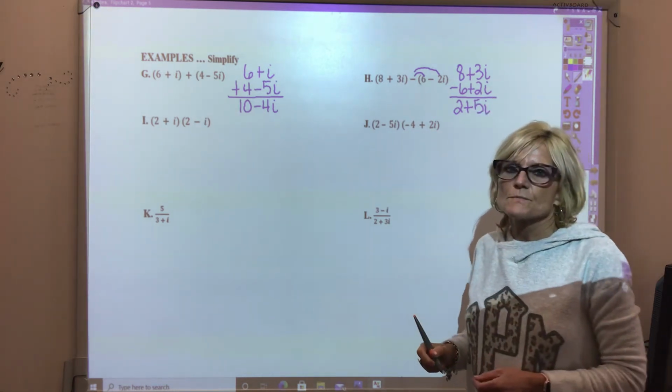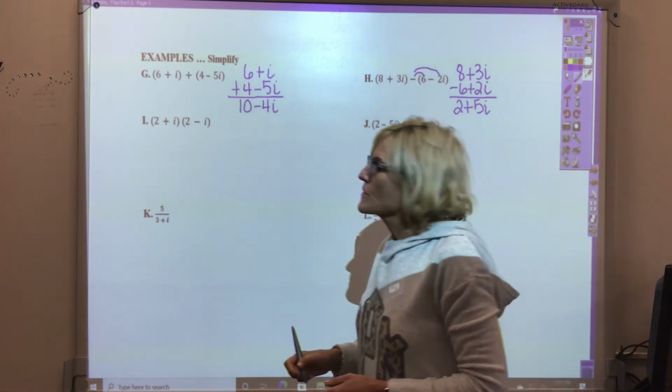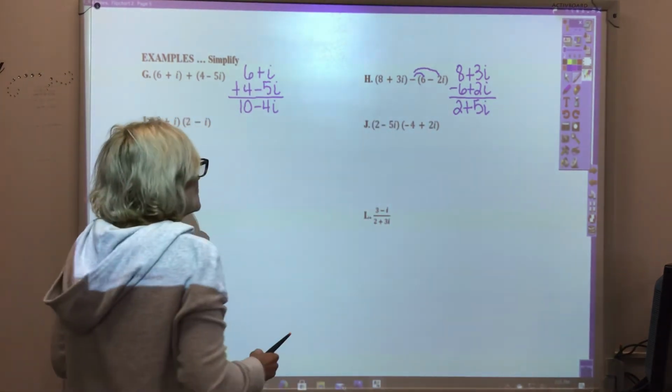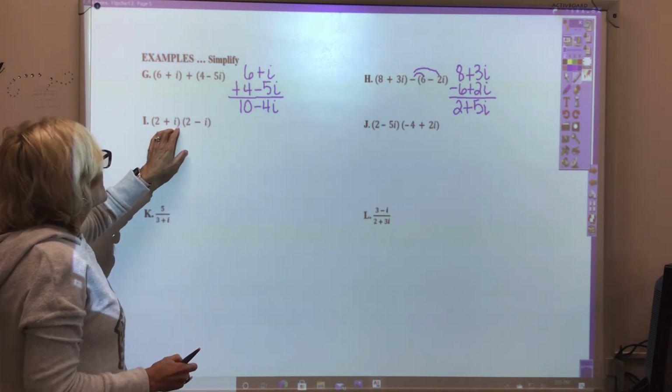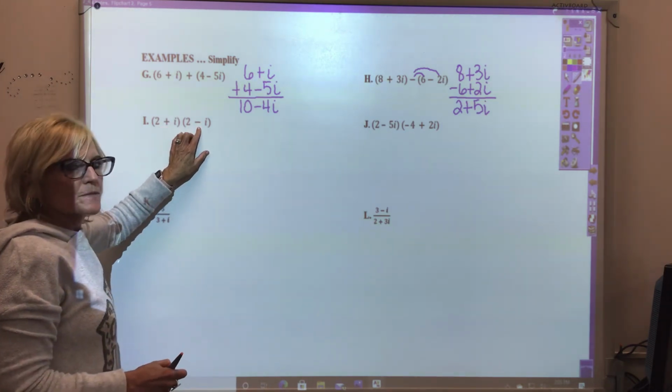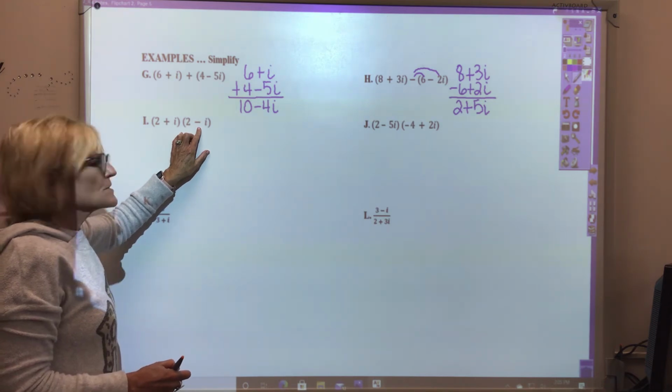So there's addition and subtraction. For multiplication, we're going to FOIL. Notice that this one is the sum and the difference of two terms. And remember how I said to do that?